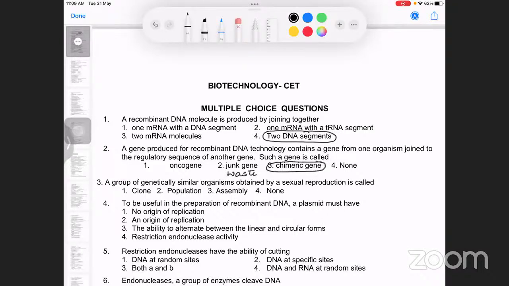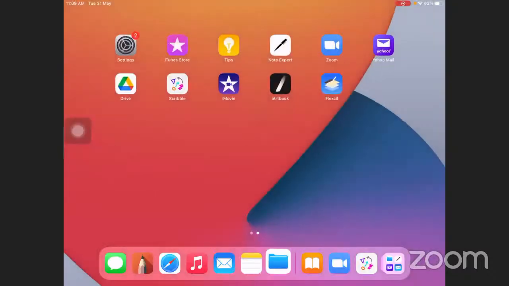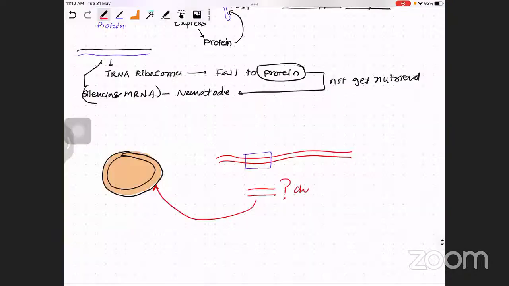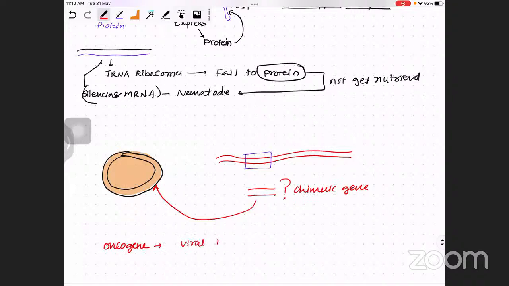Oncogene is the gene which is coming from a virus. Oncogene is a viral DNA fragment that causes cancer.